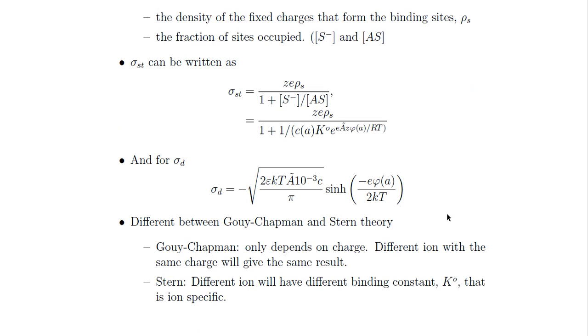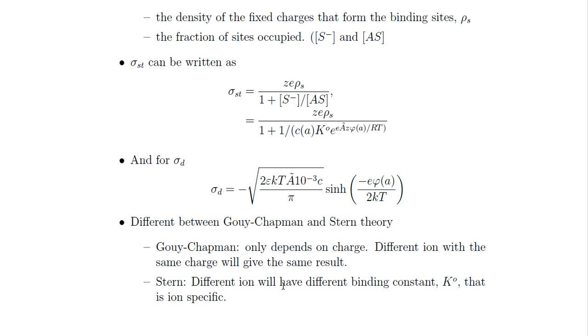Okay, so what is the difference between the Gauss-Chapman and Stern theory? Gauss-Chapman only depends on charge. Different ions with the same charge will give the same result. So it doesn't care whether the ion is big or small. And in the Stern theory, different ions will have different binding constants. It is ion specific, depending on the radius of the ion.